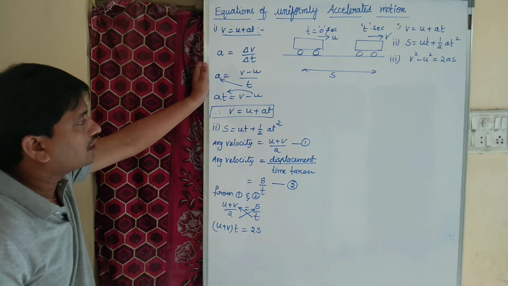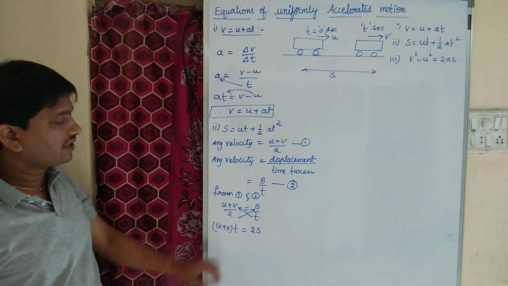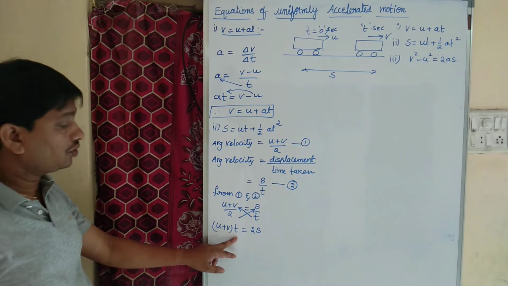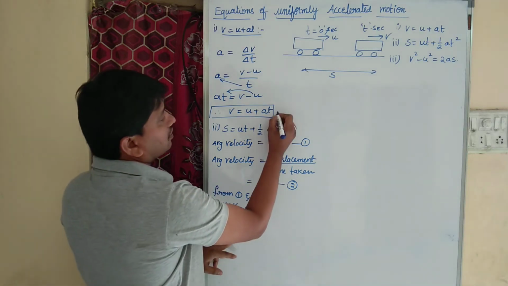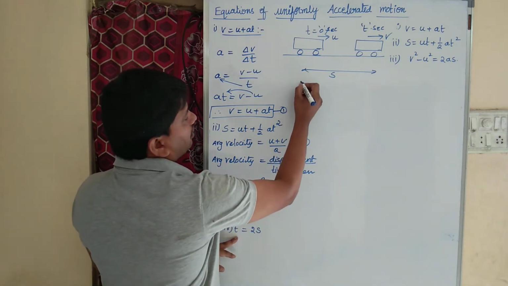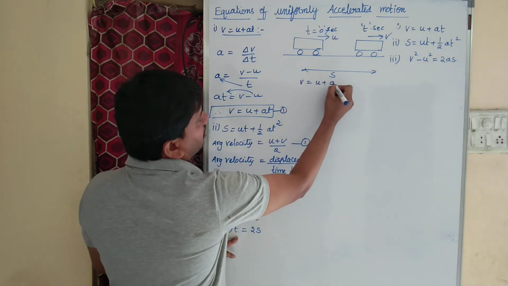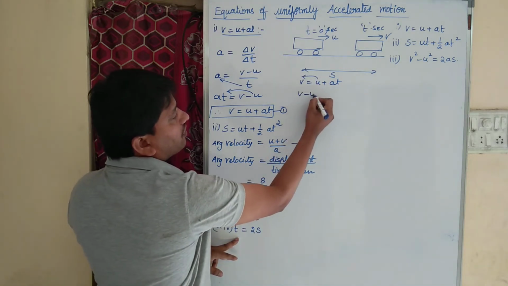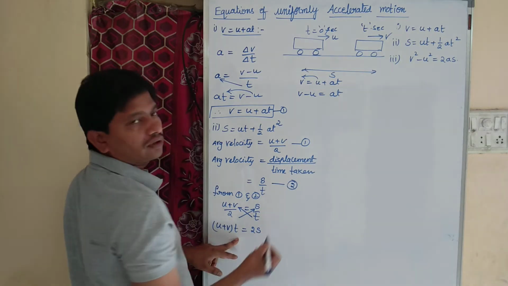Children, here we have u plus v into t. From equation number 1, the first equation of motion, we know that v equal to u plus at. Plus u transpose, it will become v minus u equal to at.